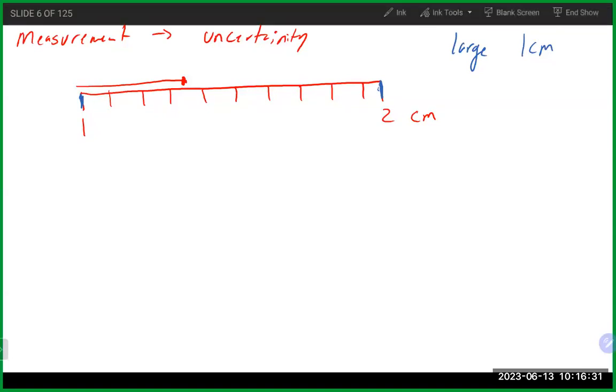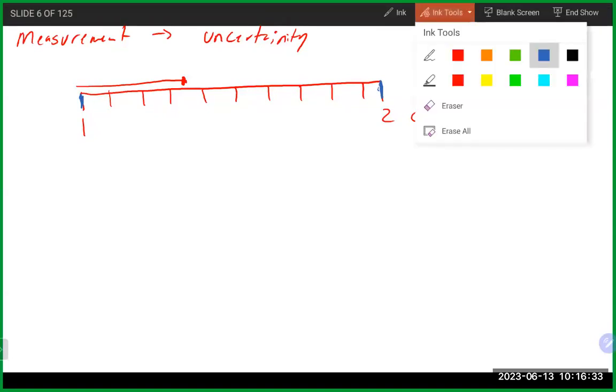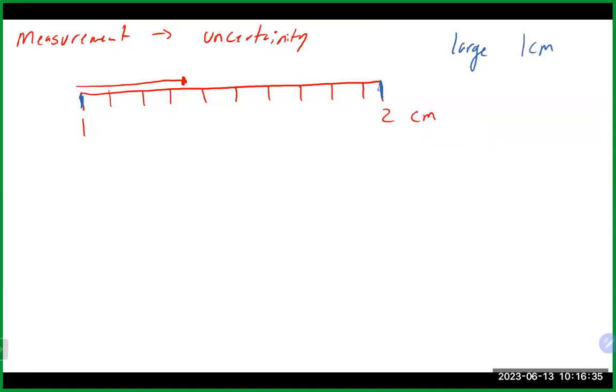When we count how many of the smaller markings are between the large markings, we always want to start past the last large marking. So this would be 1, this would be 2, that would be 3, 4, 5, 6, 7, 8, 9, and 10, basically coming across there.